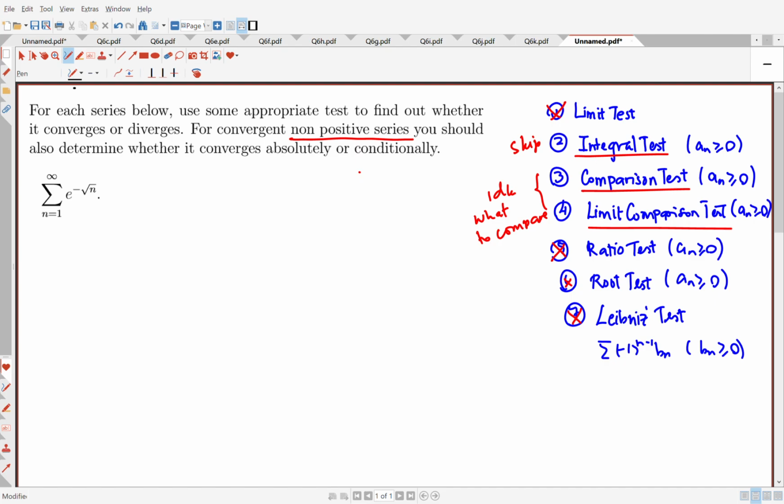So we let f(x) be e to the power of minus square root x for x more than or equal to 1. Clearly this is a continuous function.